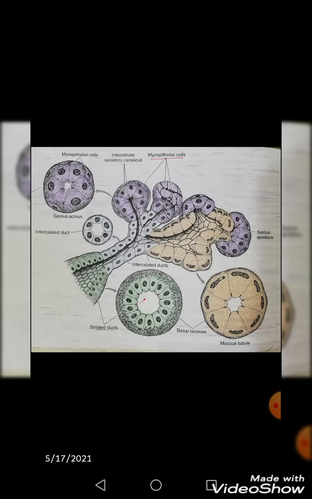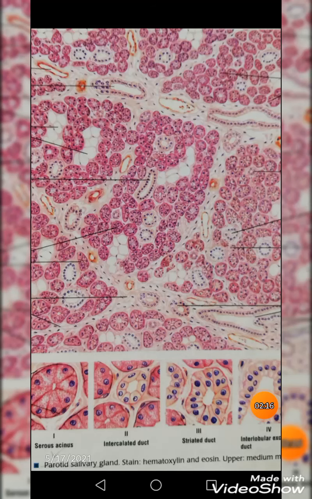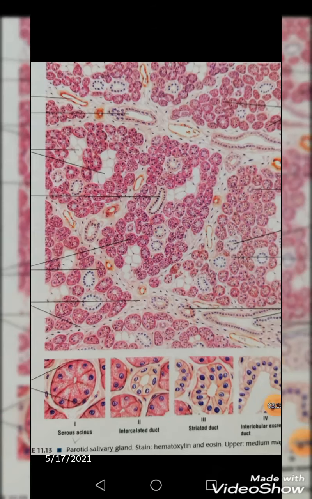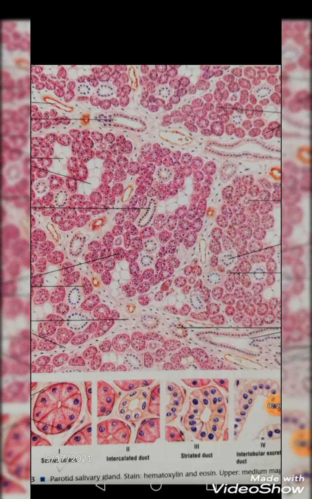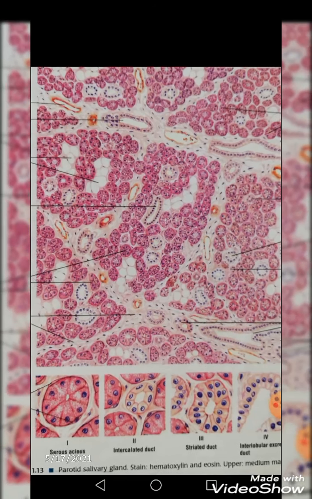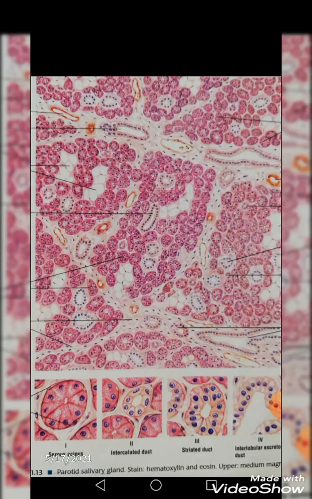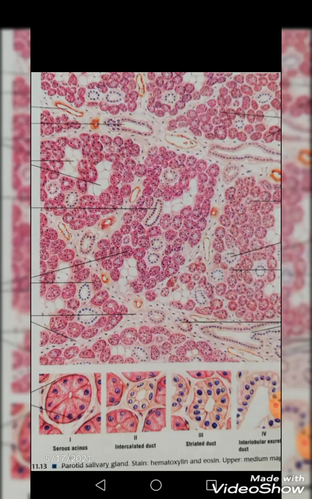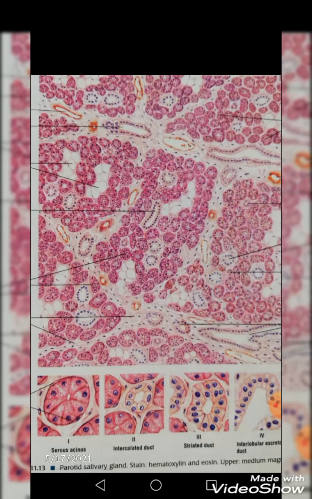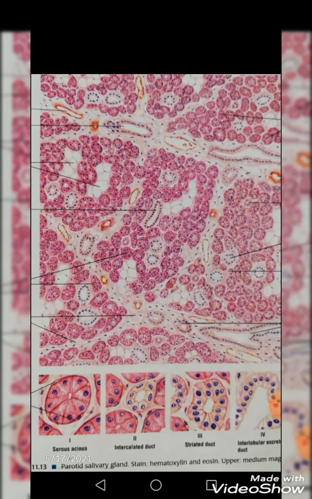Now we have to discuss the individual features of the glands. We are looking at the histological view of the parotid gland, which is the largest of the three salivary glands and consists of a highly branched duct system. It is a compound tubulo-acinar gland, purely serous in nature.